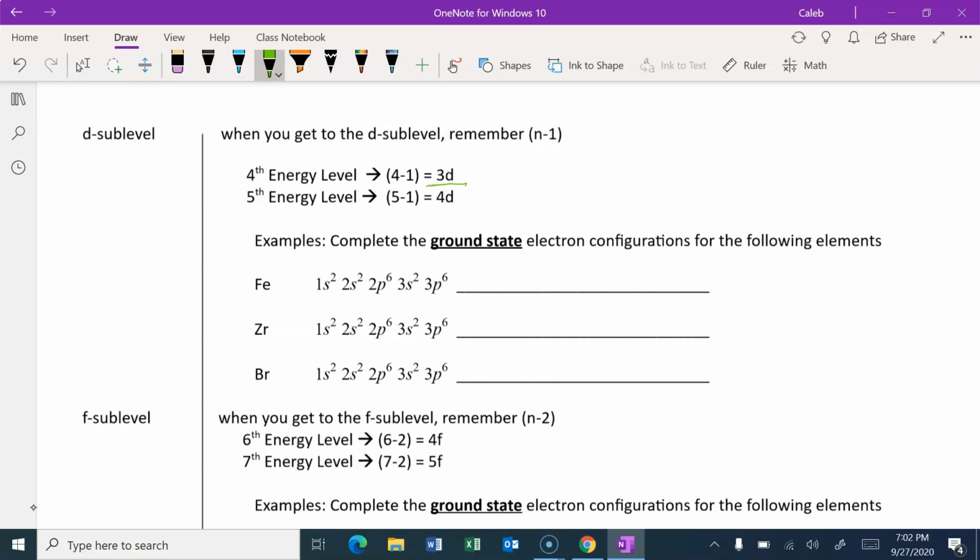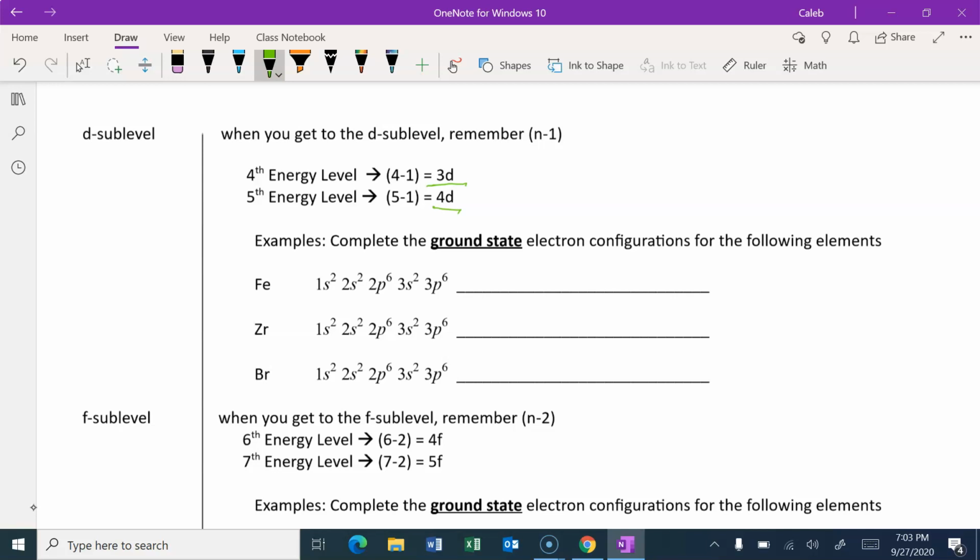In the fifth energy level, the D block is called 4D. By the way, we will give some explanation for why that is in this class. We can't really explain it in pre-AP chemistry, and it's still a little soon, but we'll get to it when we talk about PES, or photoelectron spectroscopy.